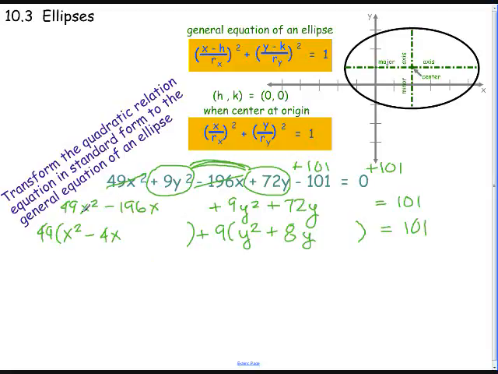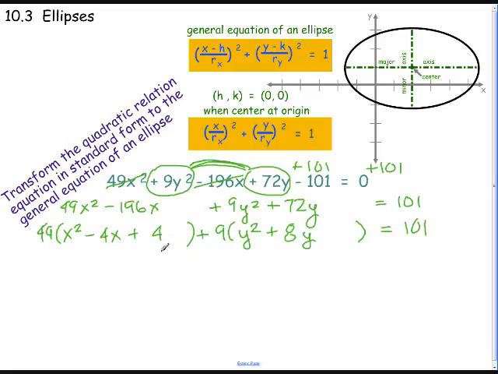We organized our x's together, our y's together. We factored out the leading coefficient from both these terms. Now I'm just going to look inside and figure out what I need to add here to make this into a perfect square trinomial. That's right, a 4.